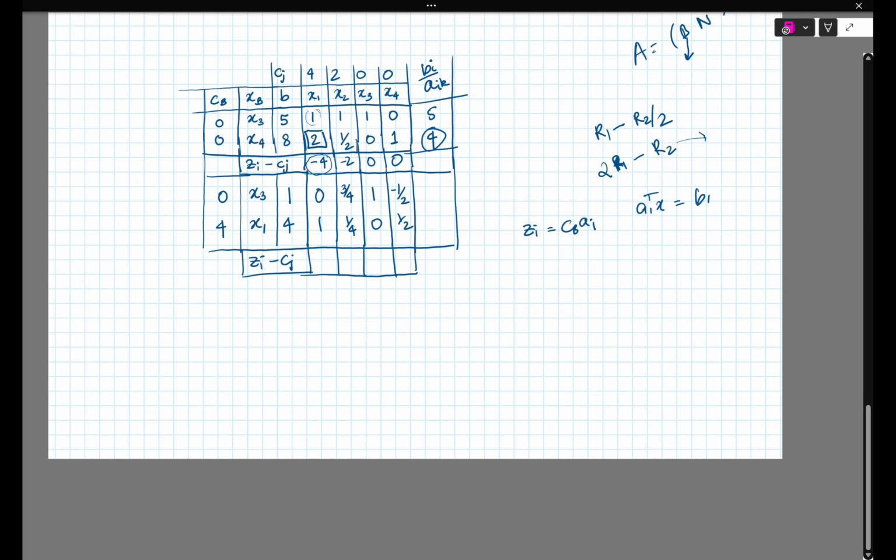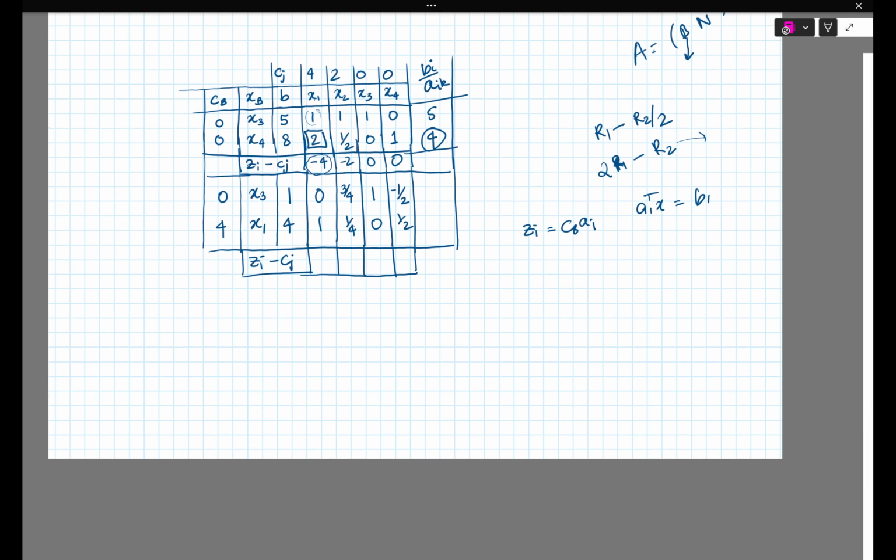So z1 is 4, and z1 minus c1 is 4 minus 4, that is 0. z2 minus c2 is 1 minus 2, minus 1.